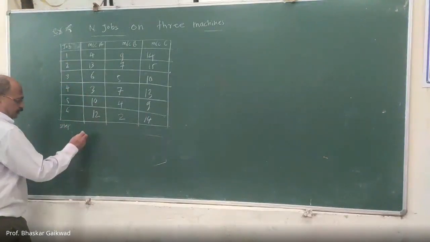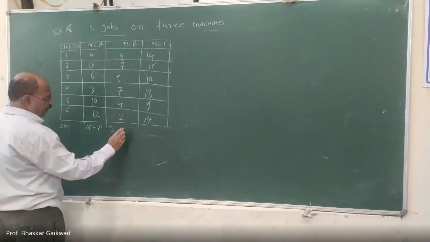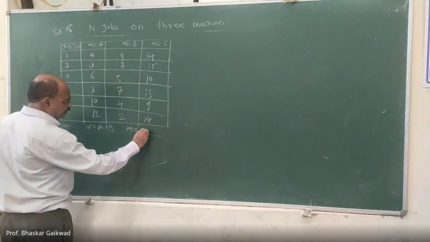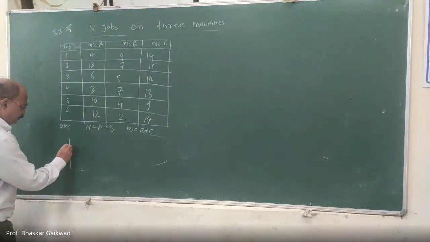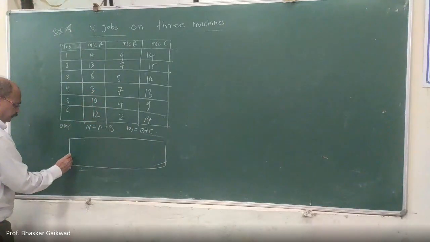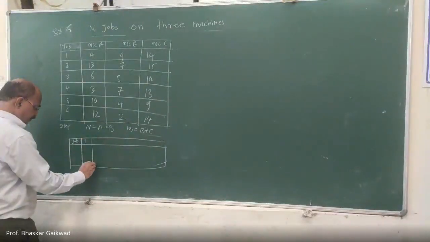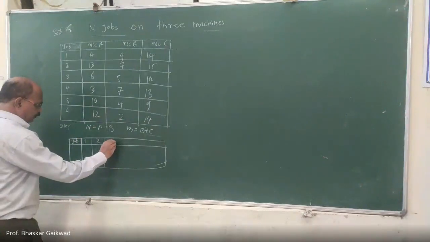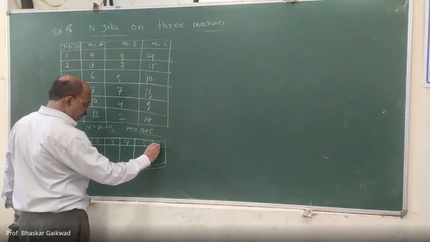Here we'll take n equal to A plus B, and m equal to B plus C. So jobs 1 to 6 we will write.